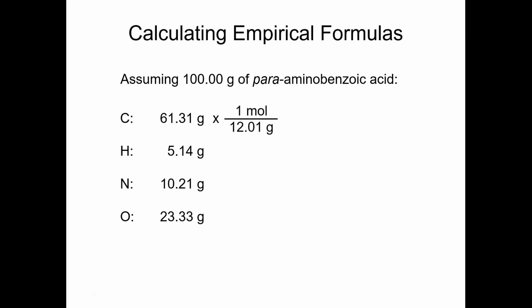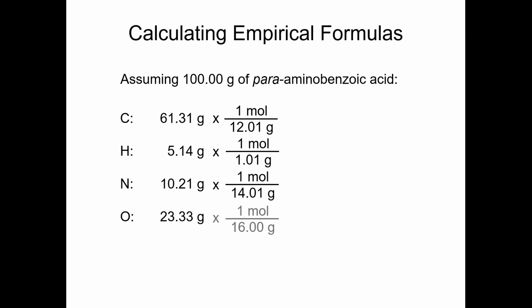So I've got to convert these things to moles. I'm going to do that by dividing the carbon by its molar mass, 12.01 grams of carbon per mole, 1.01 grams of hydrogen per mole, 14.01 grams of nitrogen per mole, 16.00 grams of oxygen per mole.